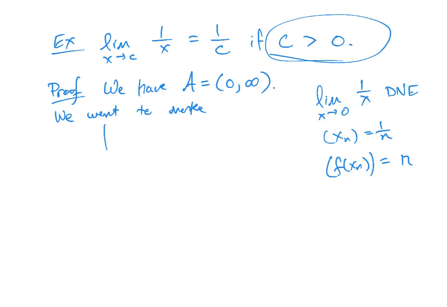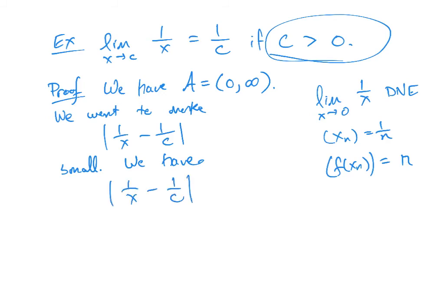Okay. So we want to make this thing small. Let's follow our previous recipe. We want to factor out somehow an absolute value of x minus c, a distance between x and c. How would we get a distance between x and c out of this?